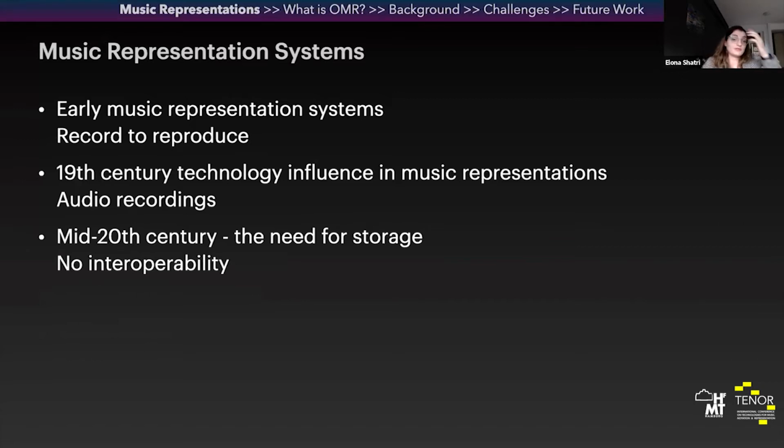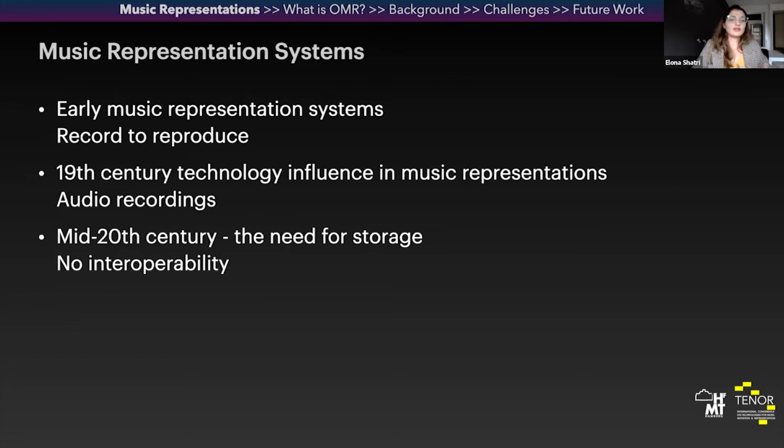The primary purpose of early music representations was to record the music for the purpose of reproduction of the music by performance. With music becoming part of academia studies, music notations became more than just performance instructions by also providing data for research and teaching.